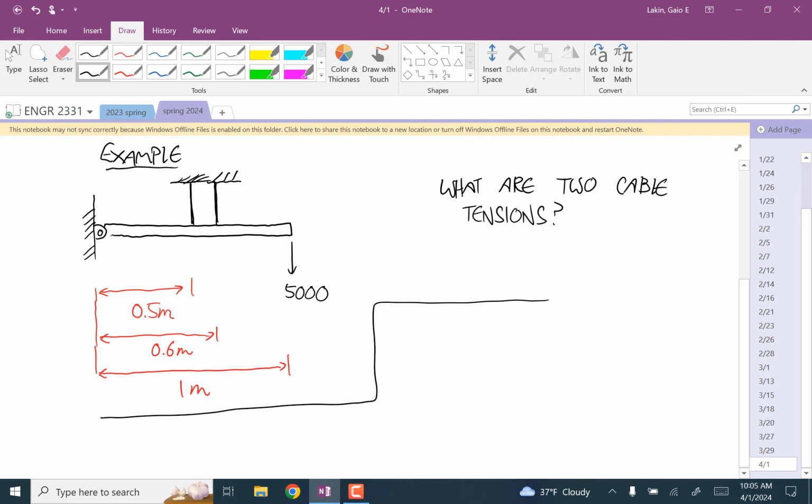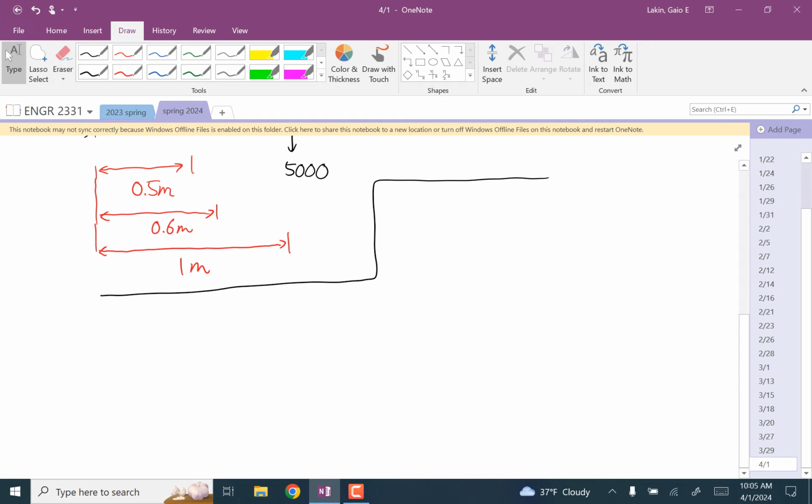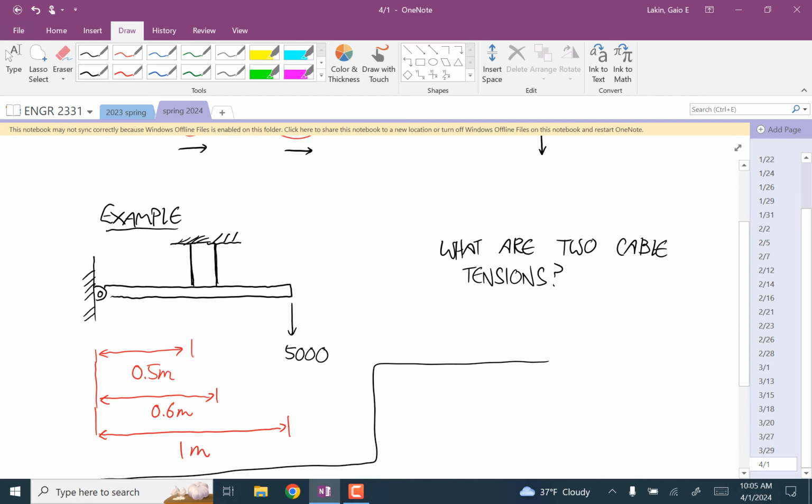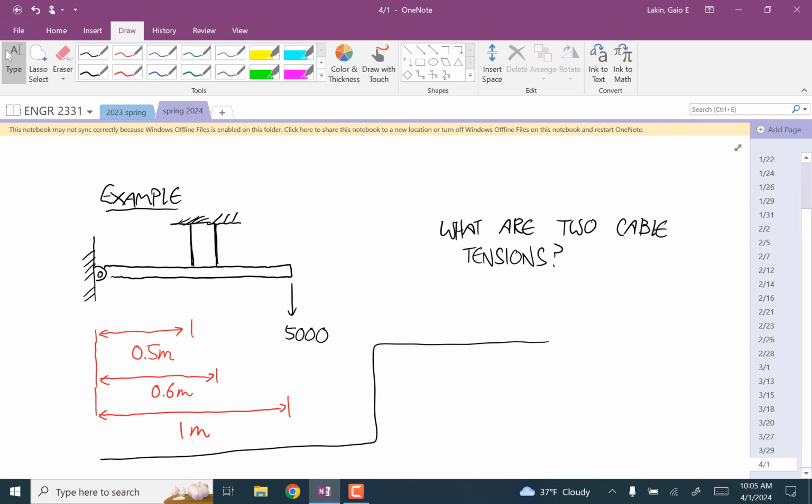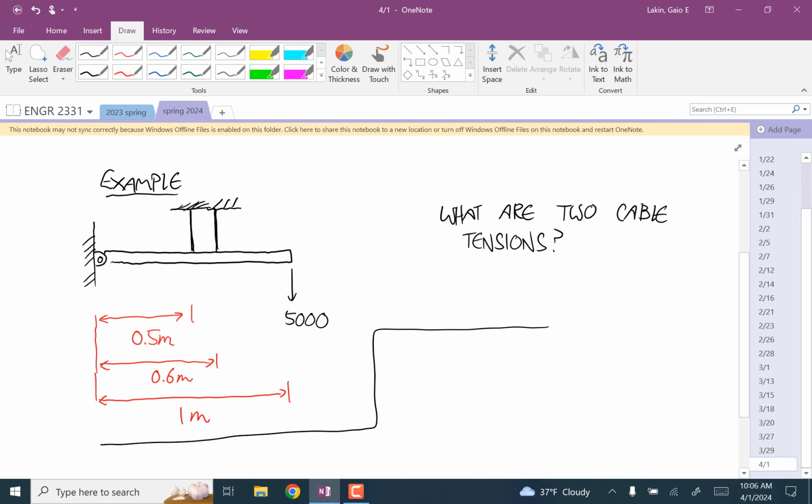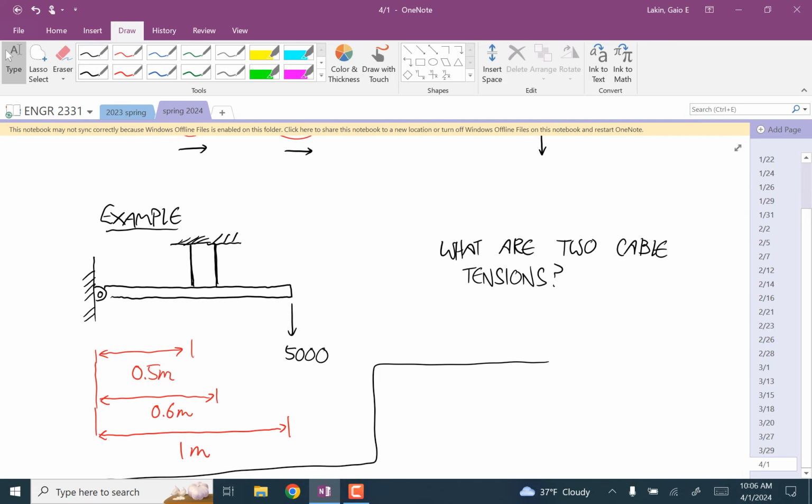All right, so we're going to start with the statics. We have an unknown reaction force at the pin joint with the wall. I'll call that RA. We have the 5,000 Newton force here. I could have put a weight in here. Why don't I?